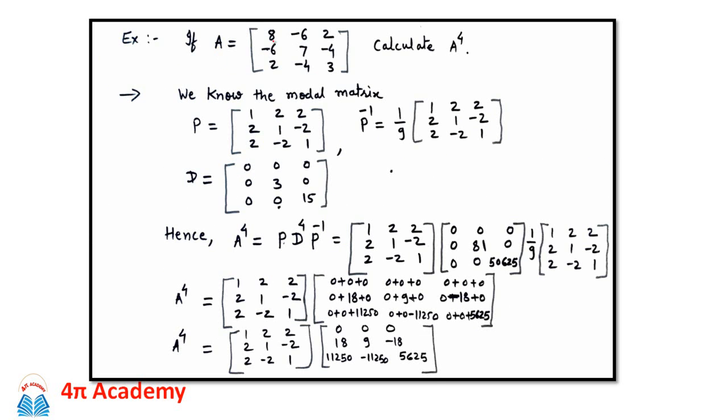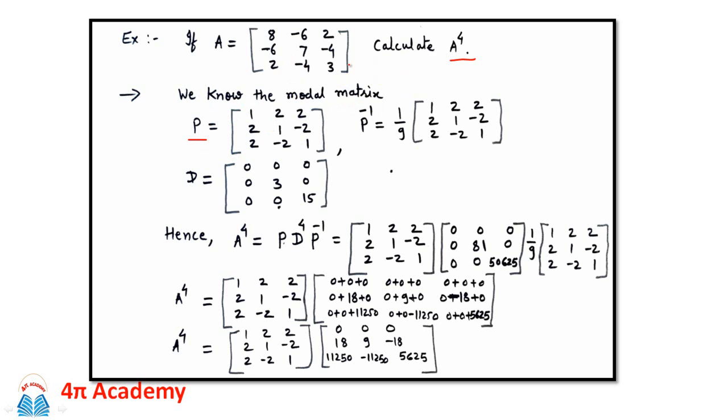So for a given matrix A, which is 8 minus 6 2, minus 6 7 minus 4, 2 minus 4 3, calculate A raised to 4. Since we have solved this matrix for the eigenvalues and eigenvectors, as well as used the same problem in order to calculate the diagonal matrix, we know that the modal matrix is obtained by grouping the eigenvectors.